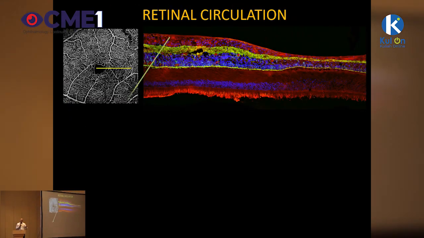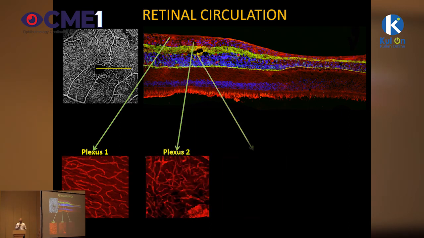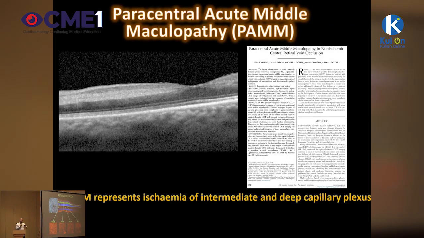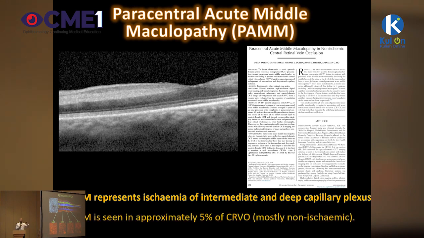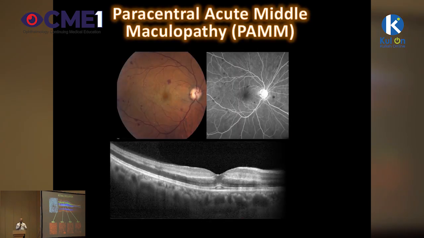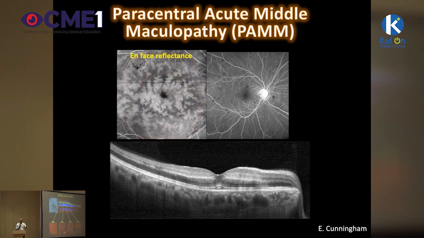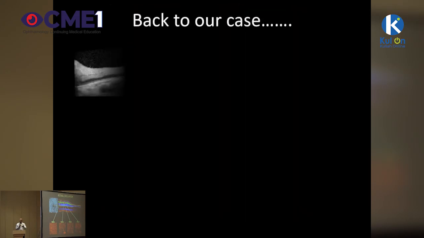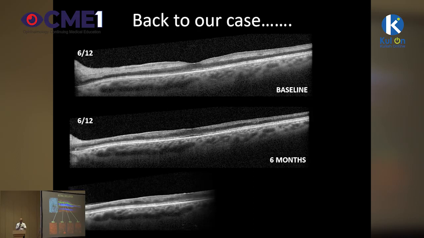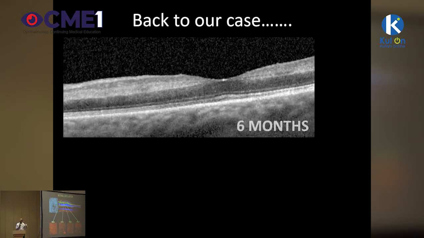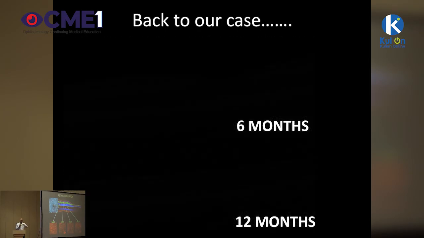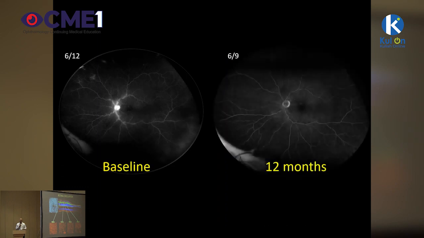Now, I just want to take a step back and talk about the retinal circulation, because as you would all know, the retinal circulation is not one plexus, but it's actually 4 different layers of plexus which are localized to different layers of the retina. So if you took a cross-sectional histology, which I've shown you here, you will find that you have one plexus in the nerve fiber layer, one plexus in the ganglion cell layer, and then one plexus on either side of the internuclear layer.